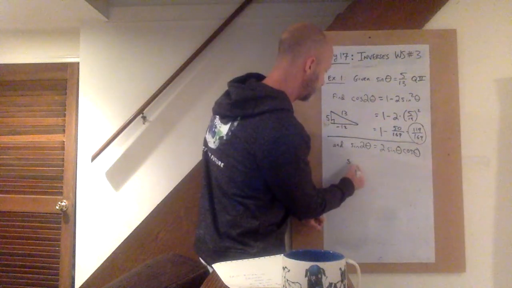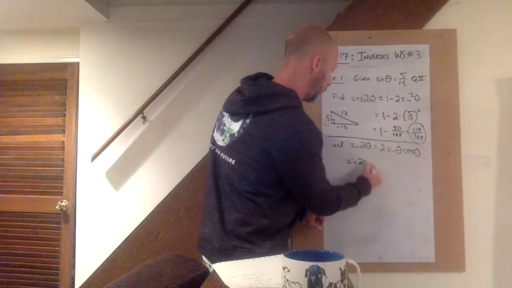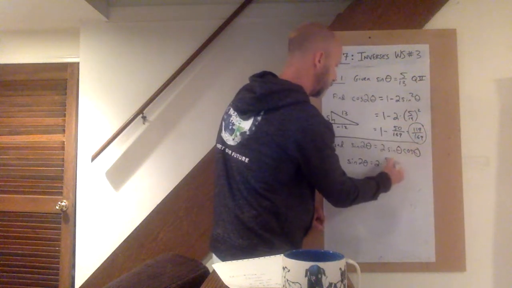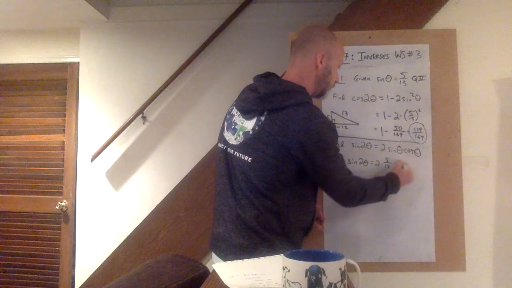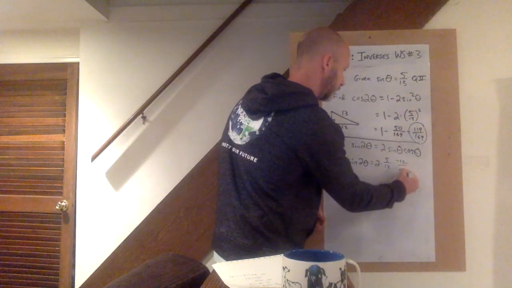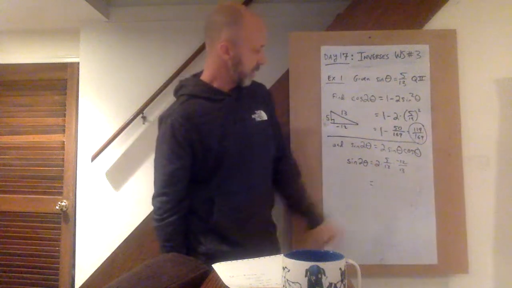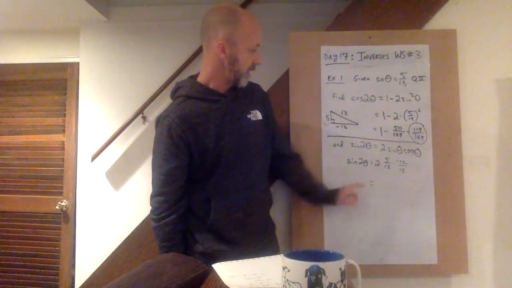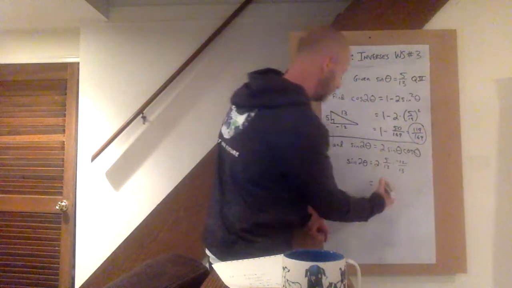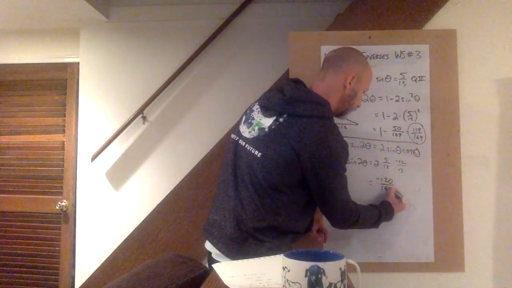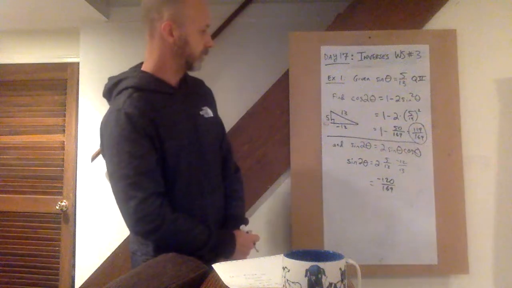So that means sine of 2 theta is twice 5/13 times negative 12/13. Okay, and now I'm multiplying all that out. 2 times 5 is 10, times 12 is minus 120, and it's all over 169, 13 times 13.